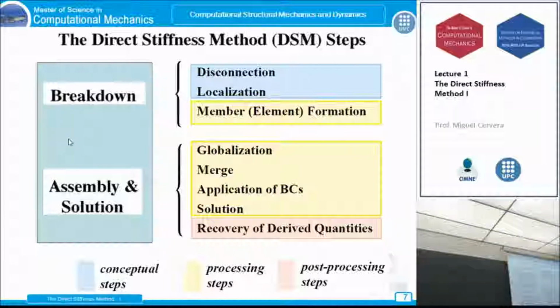Once you have the displacement, you can obtain anything else that you think that you may require from the problem. Okay? So we have, again, a couple of conceptual steps which you don't actually do, you think of doing. Then this is the processing, and this is the post-processing. Okay?